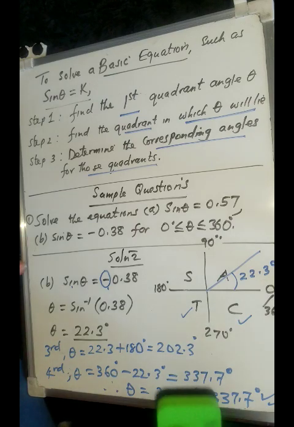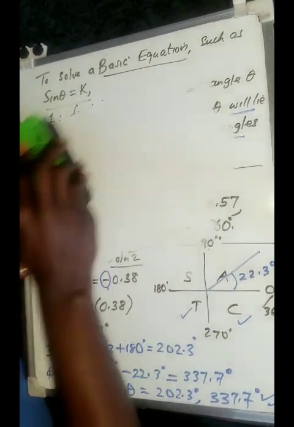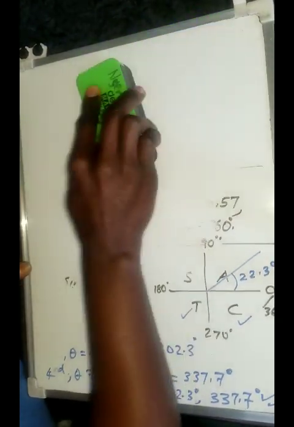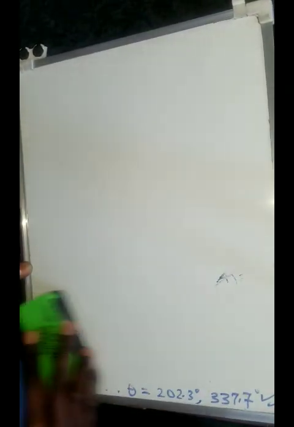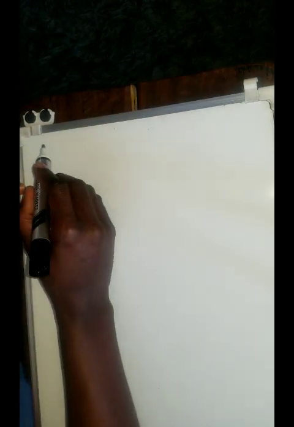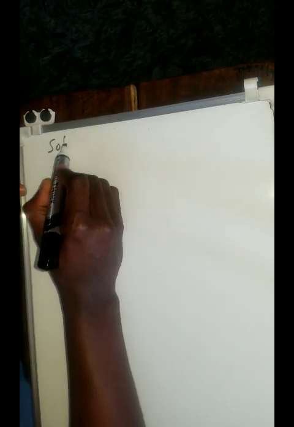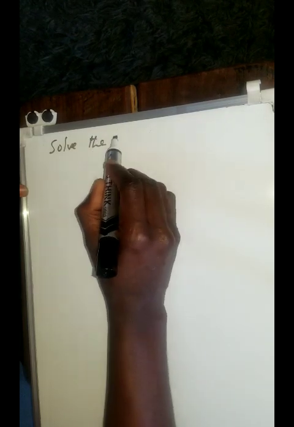Let me put up some other questions so that I can help you to see. Now suppose I give you something that looks like this. I tell you to solve the equation.